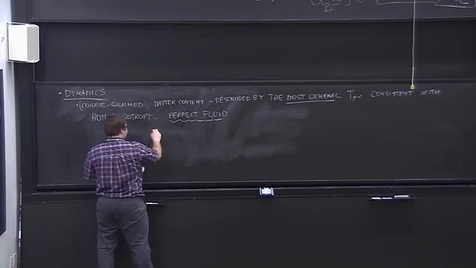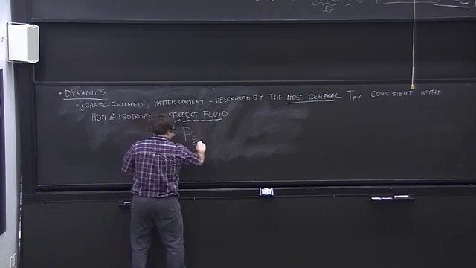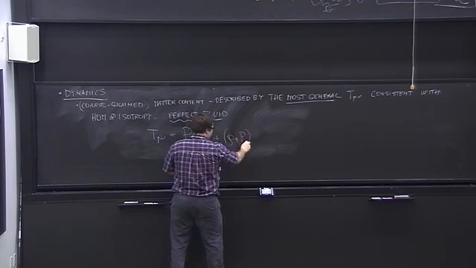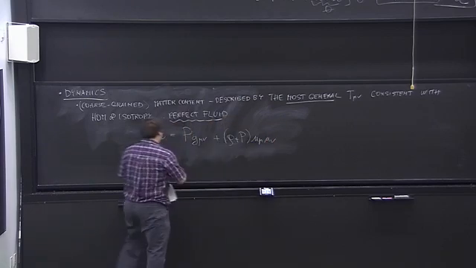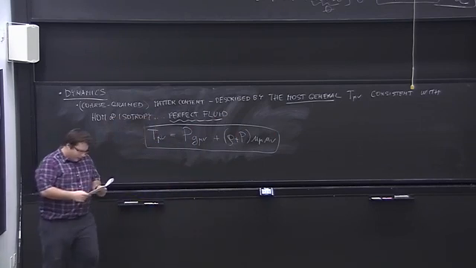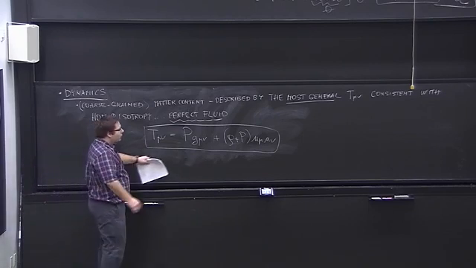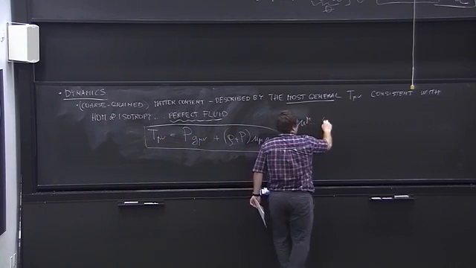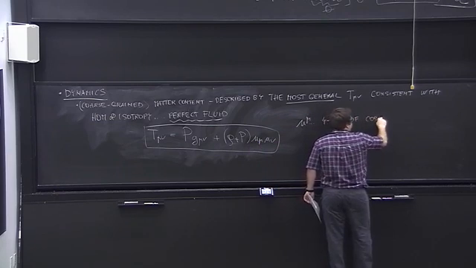So T mu nu equals P times g mu nu plus (rho plus P) u mu u nu. That's why you learn about this in your general relativity course. So here, u mu is the four velocity of my co-moving observers, or of the fluid if you want. Four velocity of the cosmological fluid.